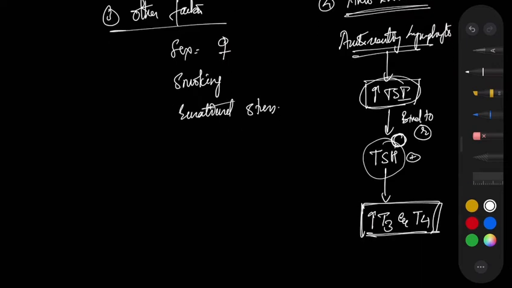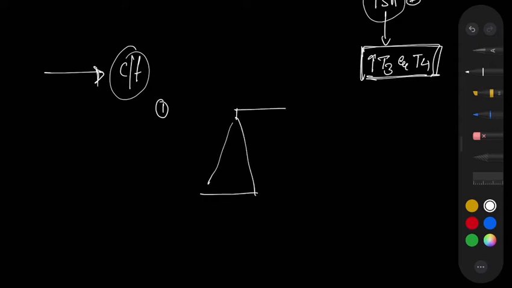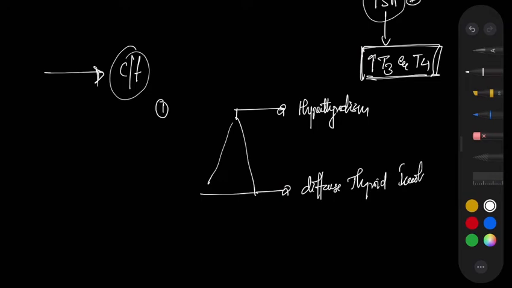Now we'll be coming to the clinical features of Graves' disease. We know that there was a characteristic triad of features. One being hyperthyroidism, two was diffuse thyroid involvement, and three ophthalmopathy.